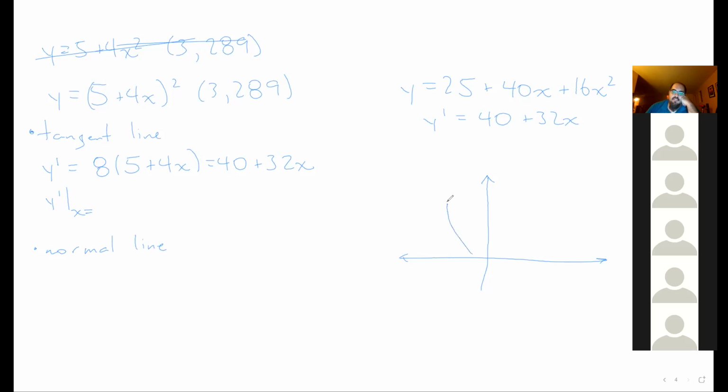I think it's going to look something like this, where it just touches the x-axis. I'm going to have a tangent line here. That tangent line only touches this parabola at one point, this point right here. But I can draw that tangent line anywhere it touches the parabola. I only care about one place. What are the coordinates of that point?